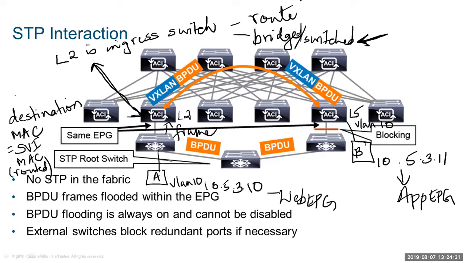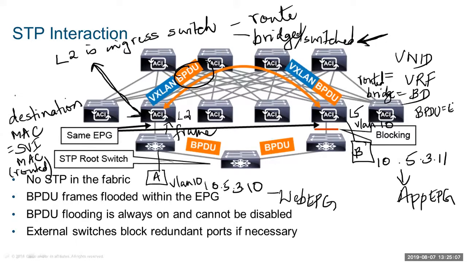Okay. So the VNID field, which is in the VXLAN header, holds the VRF value if it's routed. If it is bridged, it's the bridge domain. In this case, this is a spanning tree BPDU, more like a control plane packet. It's really not a data packet. So for BPDUs, the VNID value is the EPG.